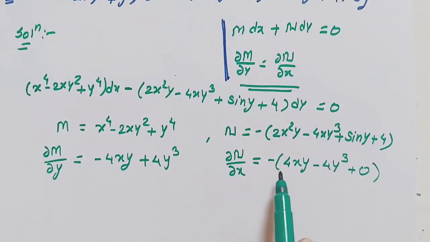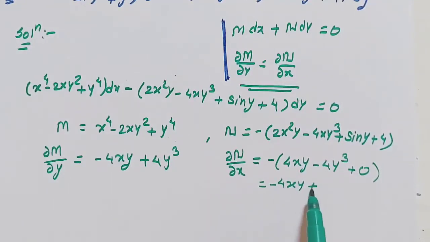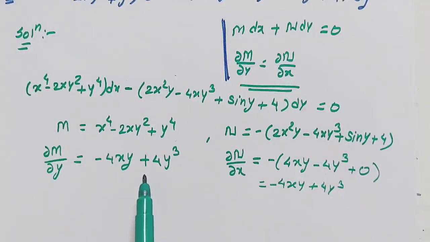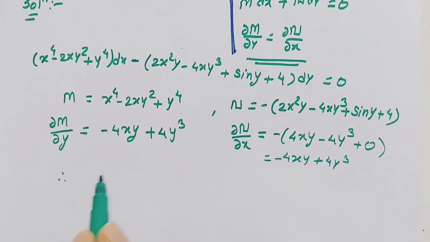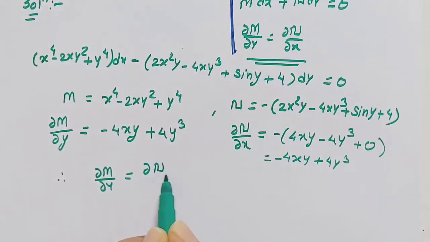Now see here, if we multiply by the minus sign, we get minus 4xy plus 4y^3. And if we observe, del M by del y is the same as the derivative of N with respect to x. Therefore, del M by del y equals del N by del x.